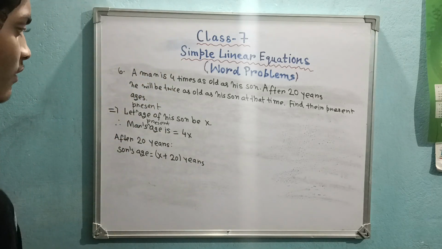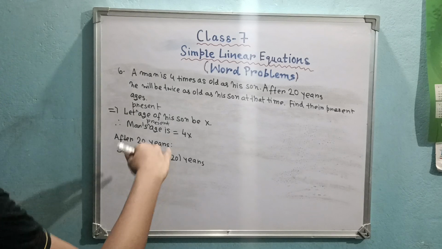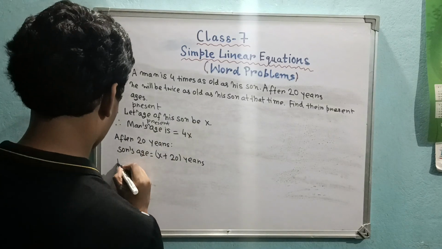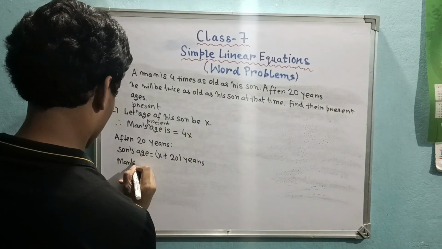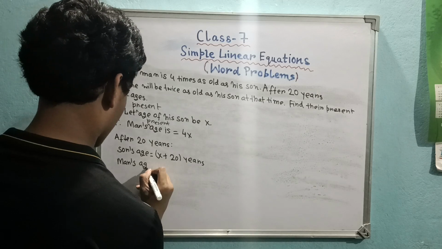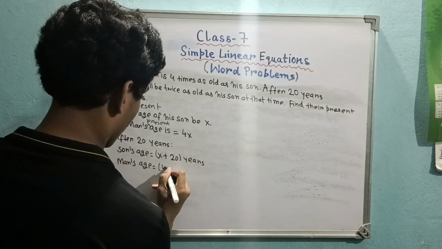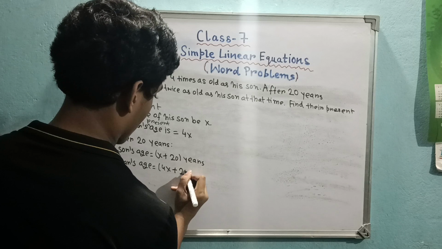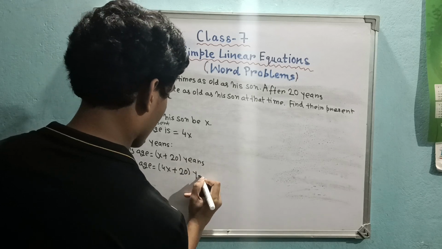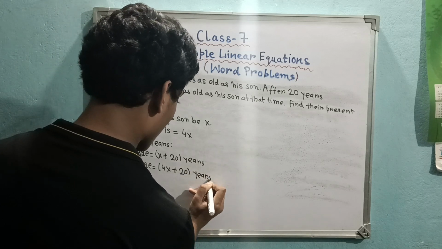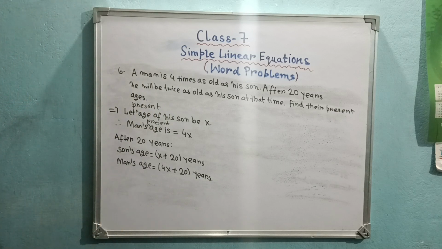And what will the man's age be then, after 20 years? 4x plus 20. Now we have a but, the main part of this question.